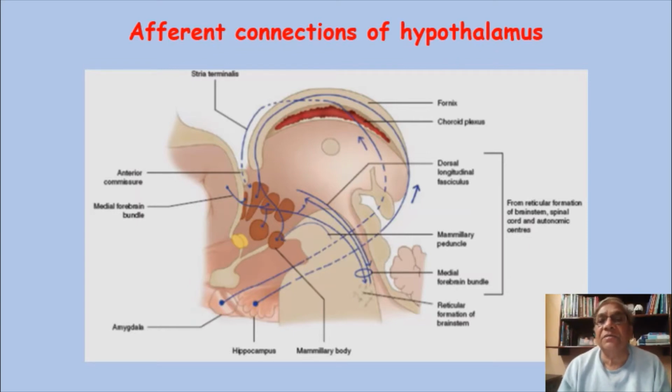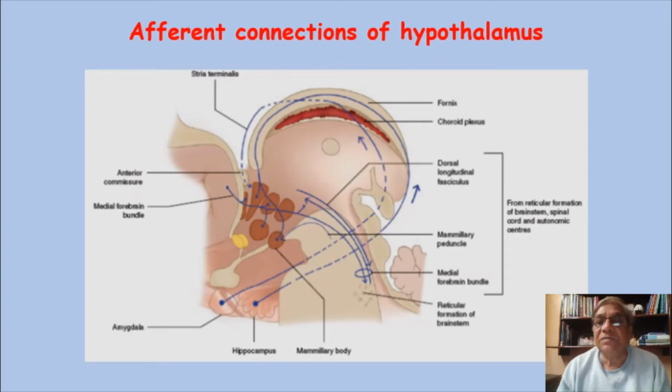Then we come to the second kind of afferent fibers, which are coming from the brain stem, that is from the medulla, pons, and the midbrain. As we know, there are plenty of autonomic nuclei, the parasympathetic nuclei, located in the brain stem, and these nuclei send sensation to the hypothalamus.